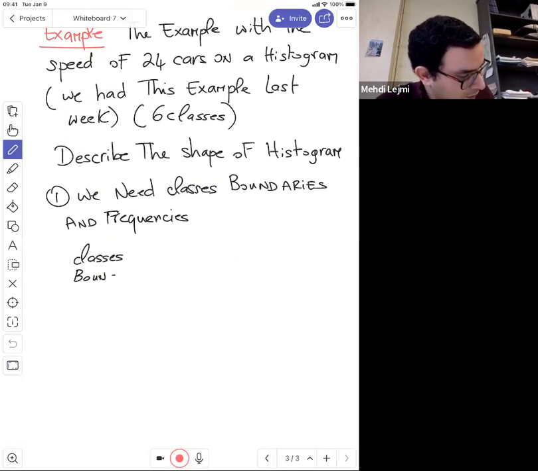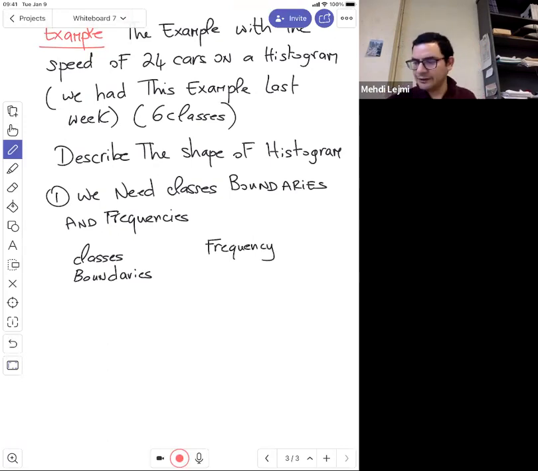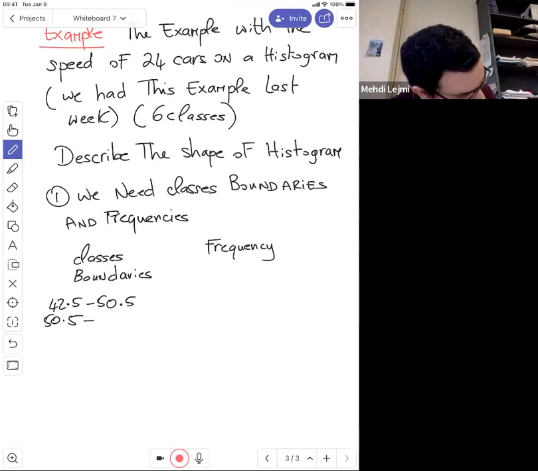Anyway, class boundaries, and then I'm going to use the histogram to display the frequency. So we have the following values: 42.5, 50.5, and I think the width was 8. Then 58.5, and then 66.5.